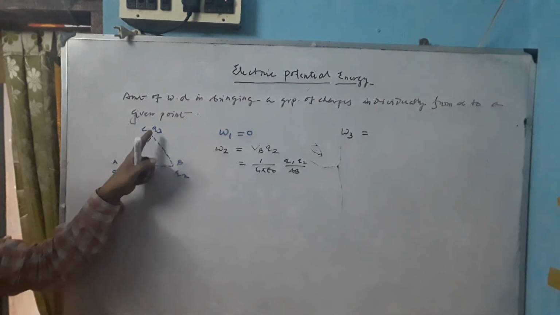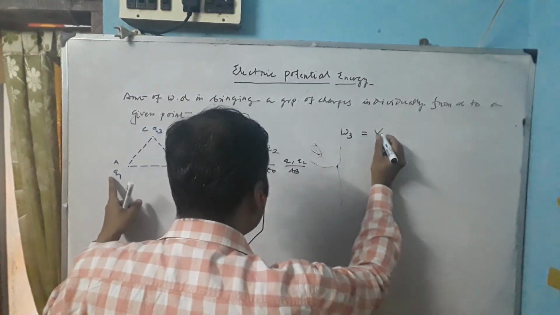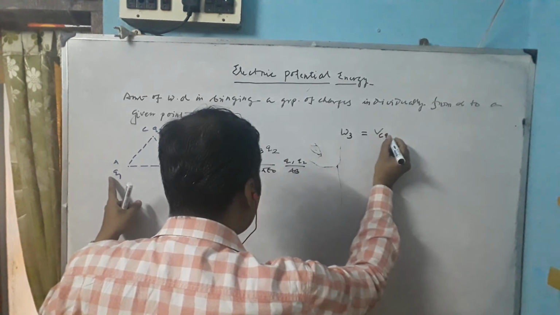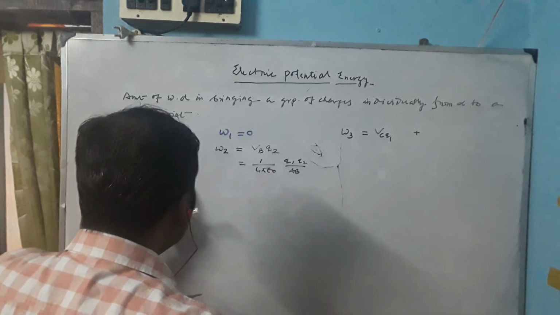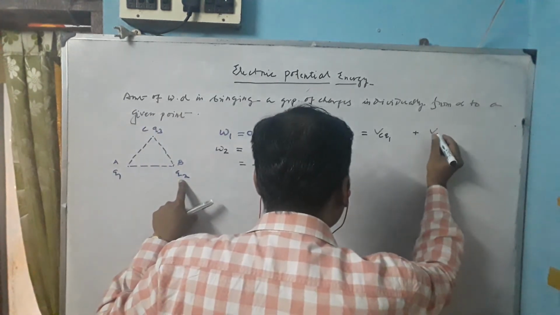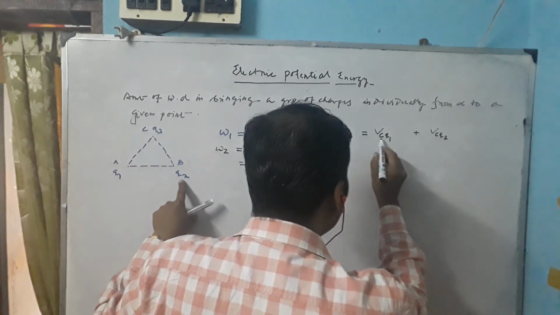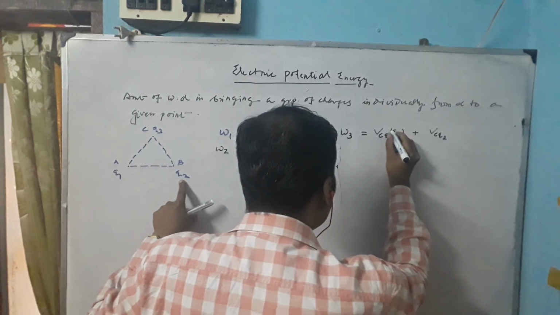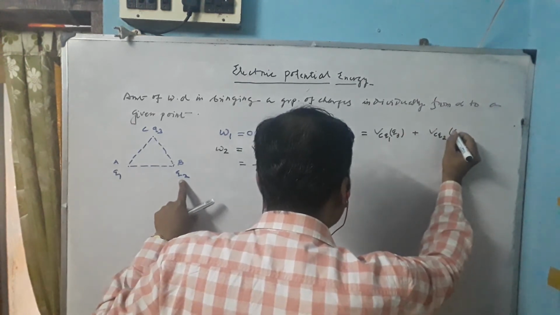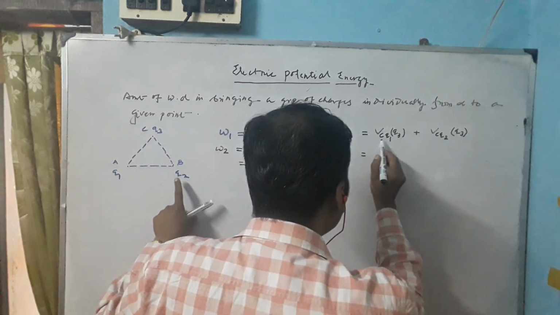So at this point, due to Q1, there will be a potential, as well as at this point, due to Q2, there will be a potential. Since work done is equal to voltage into charge, I write the charge which we are bringing, and that is Q3.